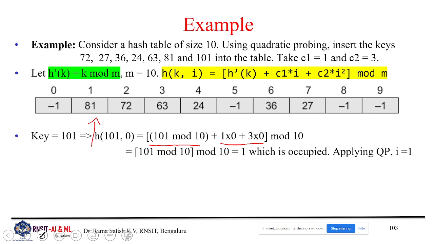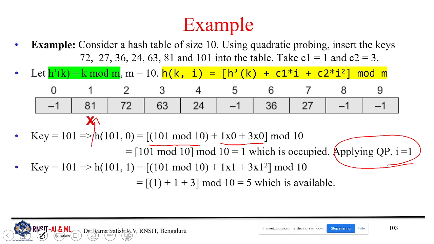So what happens? Your quadratic probing value i has to be applied. When there is a collision, the i value is automatically incremented to 1. Look here: 101 mod 10 plus 1 into 1. You can see the C1 value is 1 and the C2 value is 3.